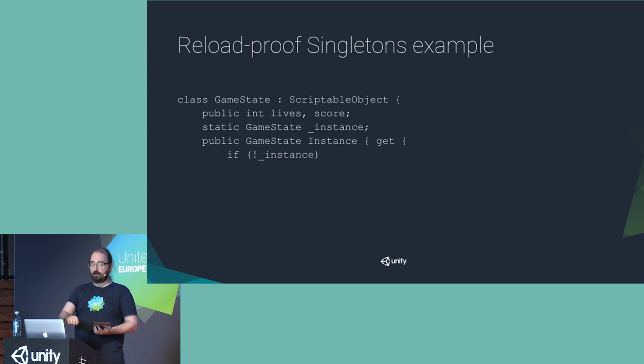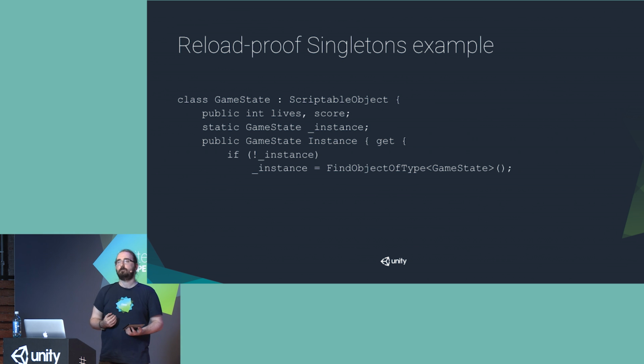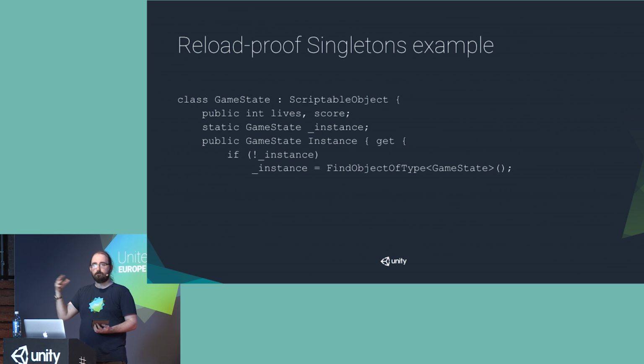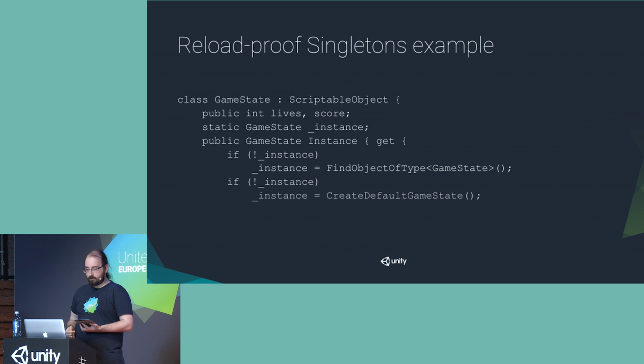And we just say in the property, if we don't have that reference right now, firstly, we'll try and find it. We'll try and find it from the thing that was left from before the domain reload. If we still don't have it, go create it. At which point we definitely have it. So return it. And we're done. So this is a very nice little pattern.